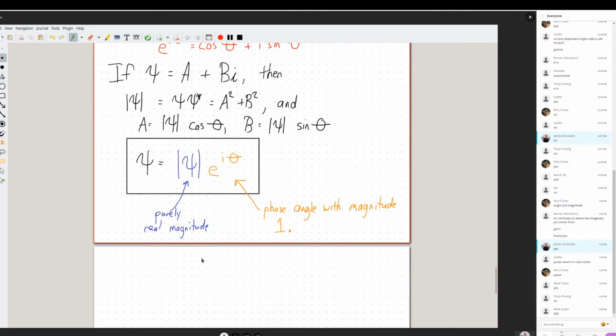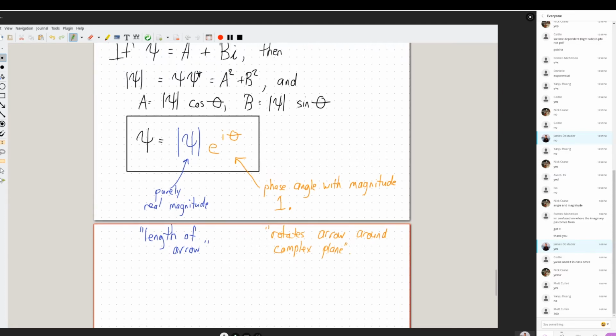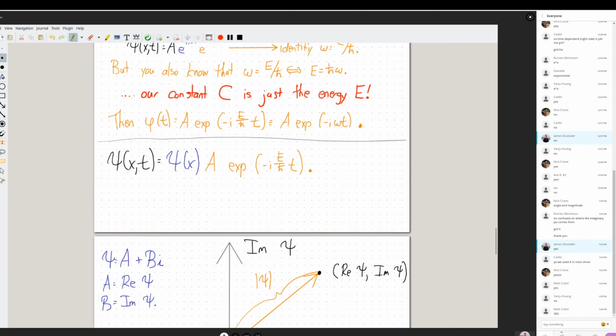So that's the length of the arrow, and this rotates the arrow around the complex plane. All right, now that we've got that, let's apply that to what we have realized here.